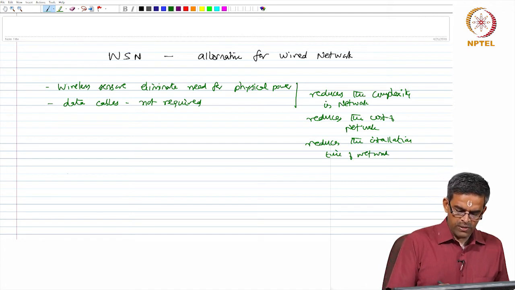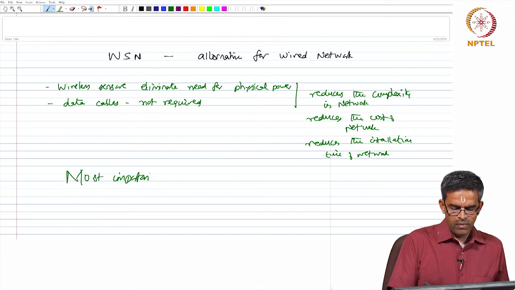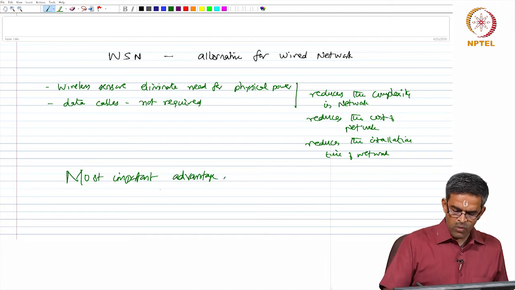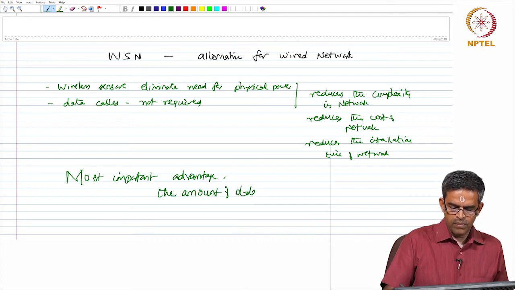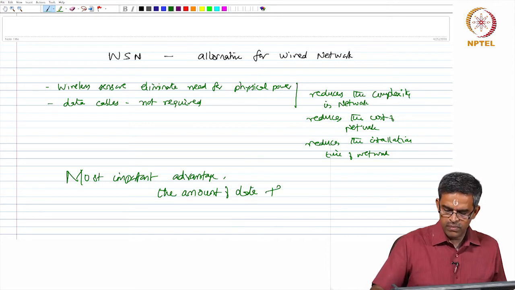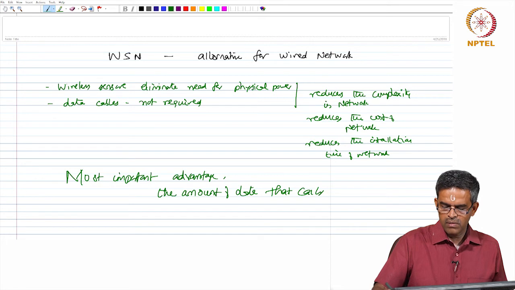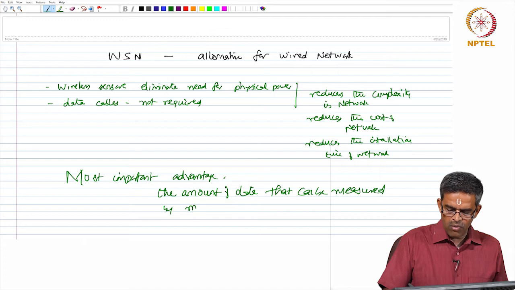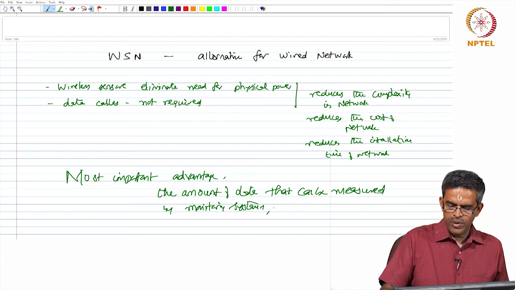The most important feature, the most important advantage what we can put is that the amount of data that can be measured by the monitoring systems which employ wireless sensor network.